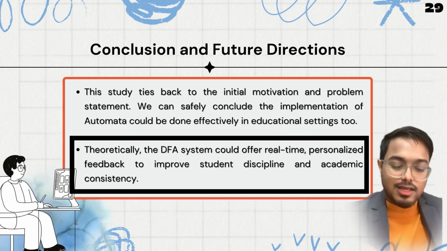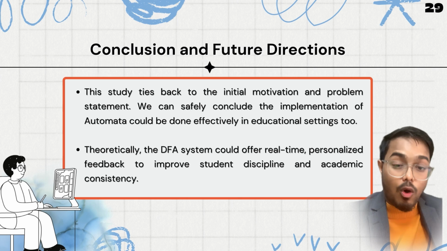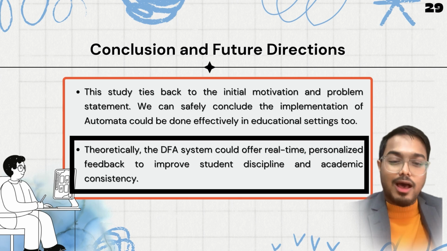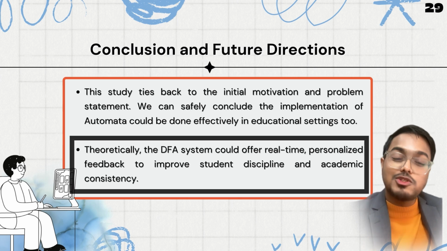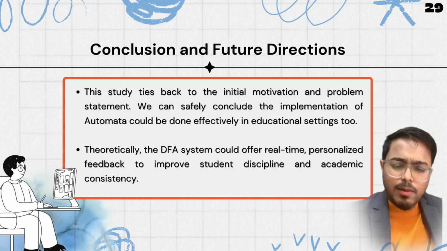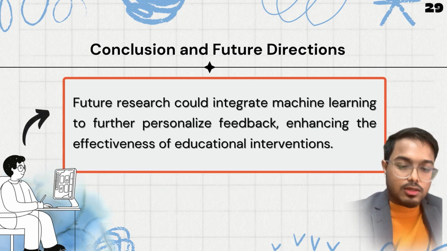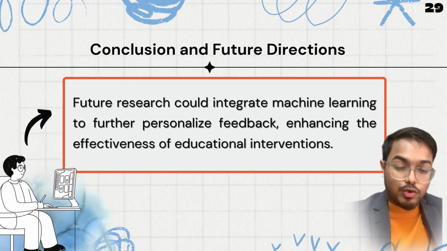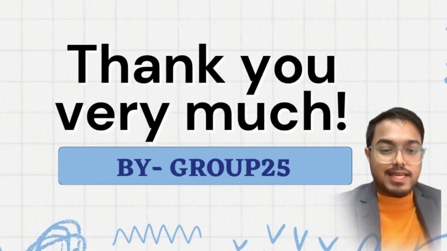Theoretically, the DFA system could offer real-time, personalized feedback to improve students' discipline and academic consistency. Some of the future directions could be to integrate machine learning to further personalize the feedback and enhance the effectiveness of educational interventions. So that's all for our presentation on the technical report.